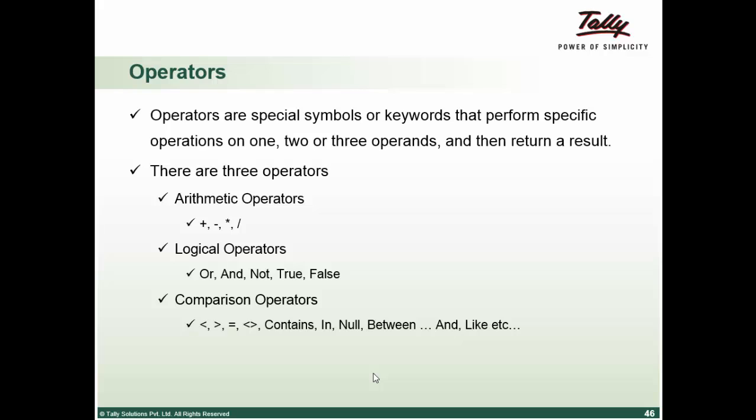Arithmetic operators are supported in TDL as the plus sign, minus sign, division sign, and the multiplication. So that's plus, minus, asterisk, and slash. Logical operators we have are or, and, not, true, on, off, false, no. So these are all logical operators.